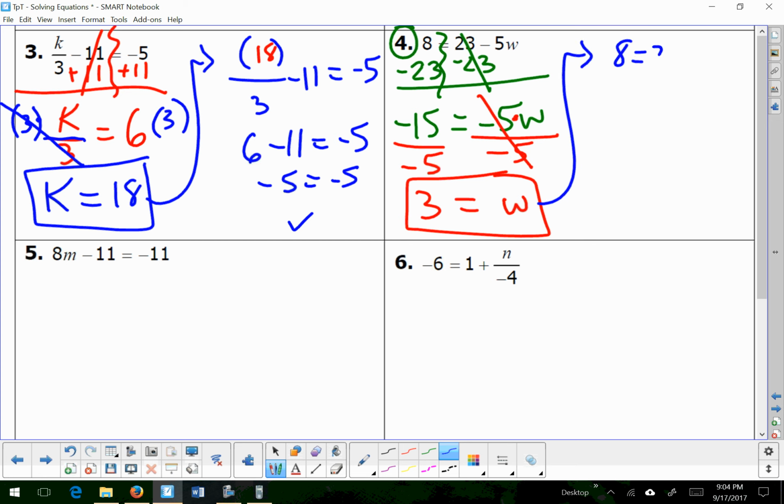Is 8 equal to 23 minus 5 times my solution? 8 minus 23, and negative 5 times 3 is negative 15, and 8 is equal to 8, and that checks. Now complete all of the questions on page 5 and 6 on your own.